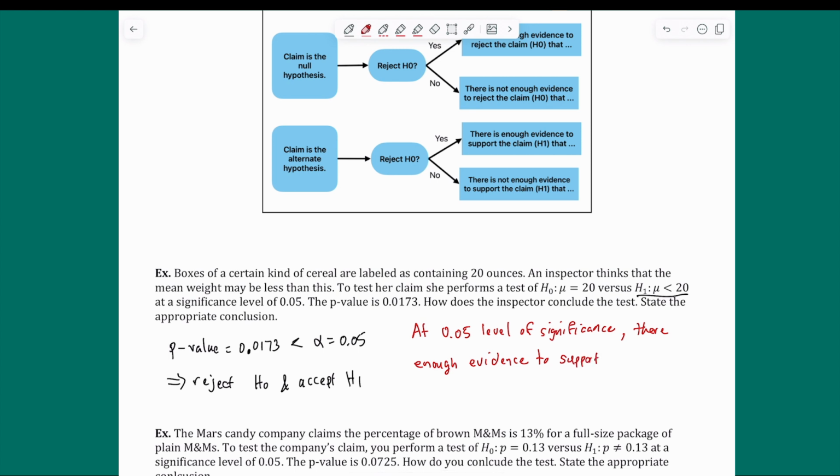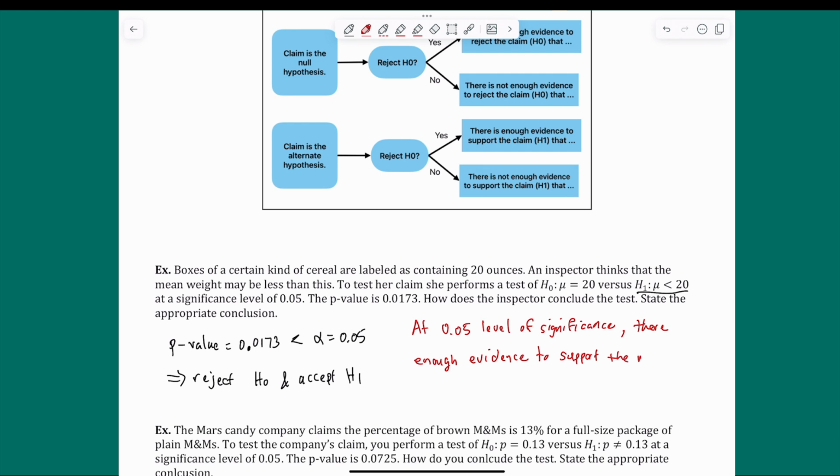And what is the claim? That the mean weight of this certain cereal is less than 20 ounces.